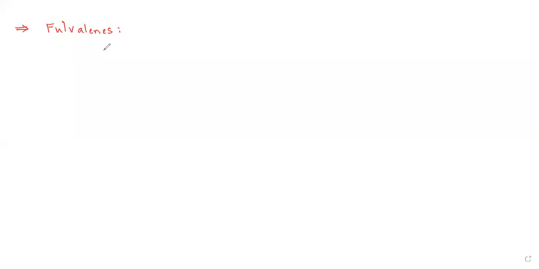These are actually the simplest non-benzenide conjugated hydrocarbon.